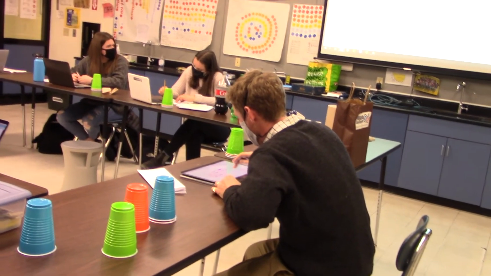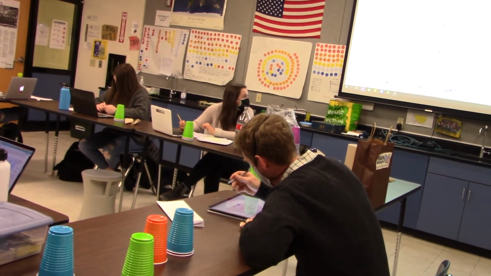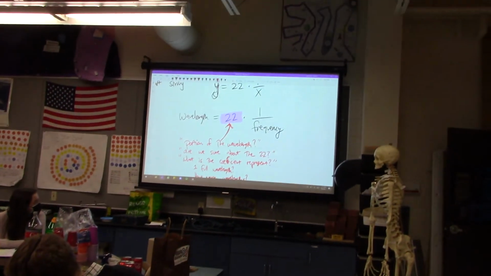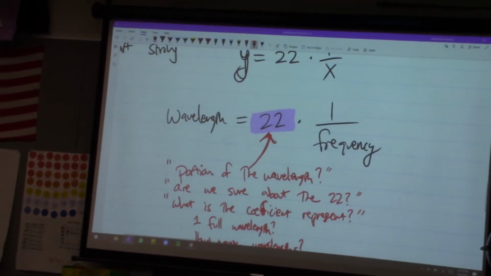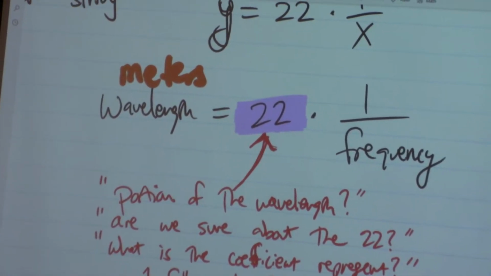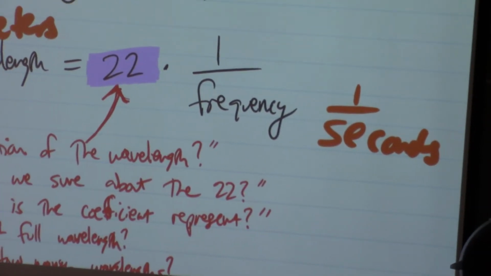So I'm trying to come back to this: wavelength is measured in meters. Frequency is 1 over seconds.